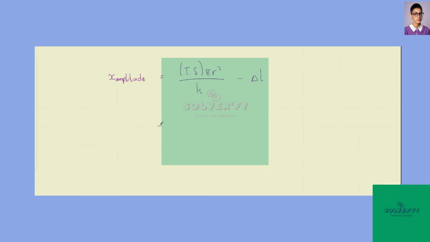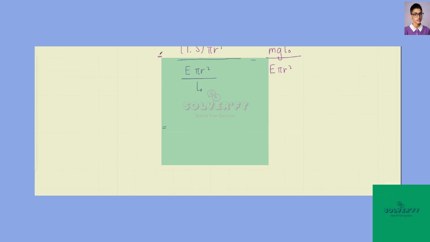And so we can rewrite this as the tensile strength times pi r squared divided by E pi r squared all over L naught, minus mg L naught over E pi r squared.